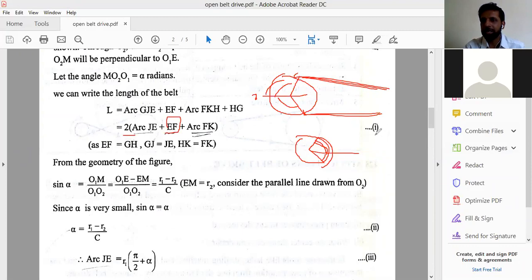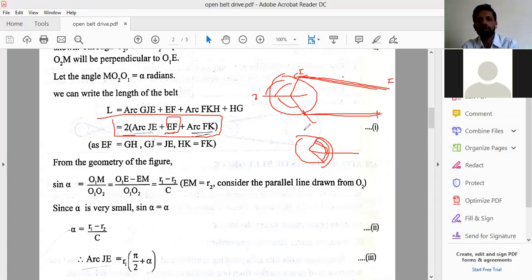Multiply by 2, I'll get one complete cycle. That is what this equation is, that is being given. Next, from the geometry, what we can see now, E is here, F is here, so E to F is nothing but equal to G to H and all those things.